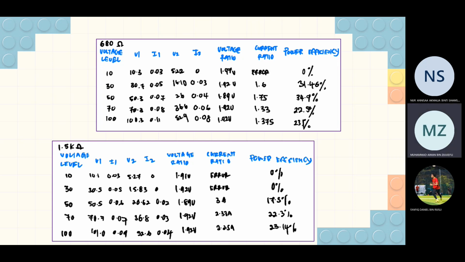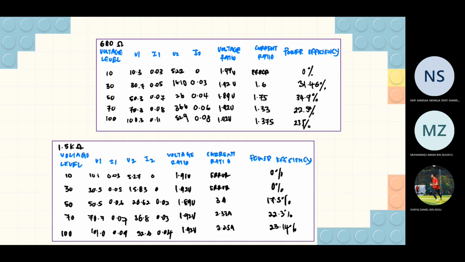Voltage level 50, V1 we get 50.3, I1 0.07, V2 2.226, I2 0.04, voltage ratio 1.89, current ratio 1.75, and power efficiency 34.9.